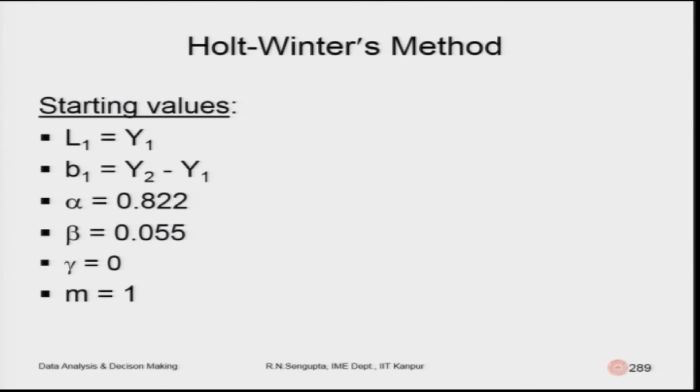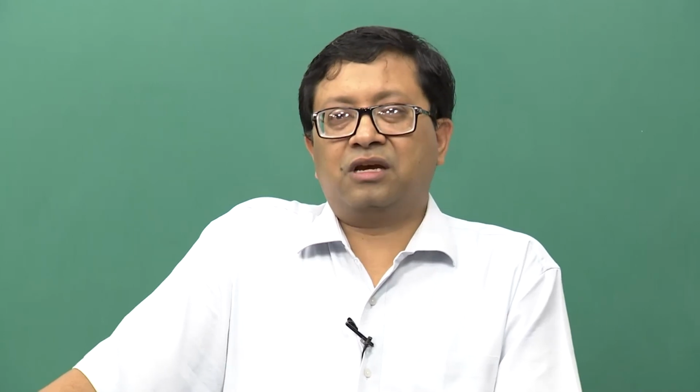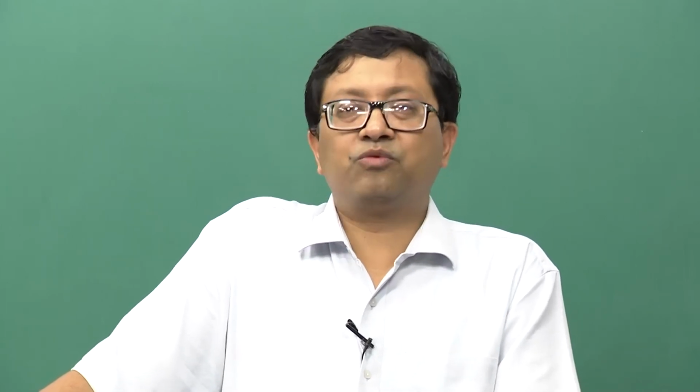I am considering m as 1, which means I am going to predict one step ahead on the trend. S is also 1, which means I am considering the seasonality as one time period. But for different types of products, like steel prices or coal prices, there would be seasonality.